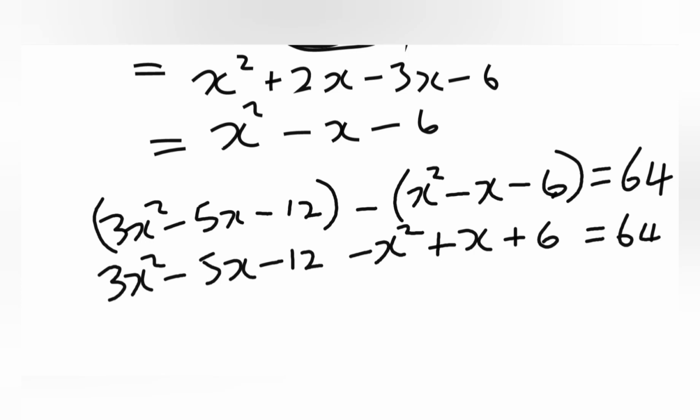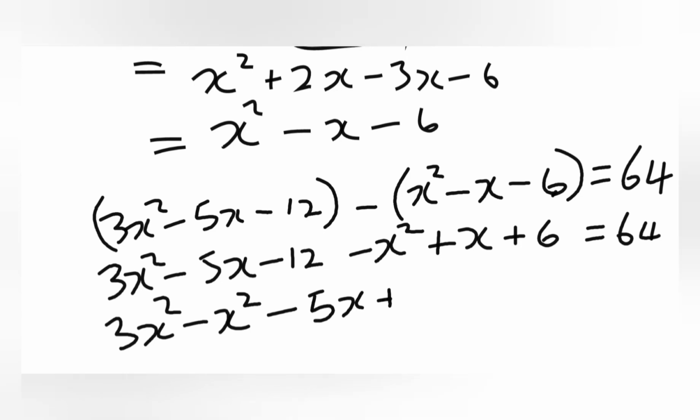So we're going to have 3x squared minus 1x squared, or x squared. Then we're going to have minus 5x plus 1x. And then we're going to have minus 12 plus 6.